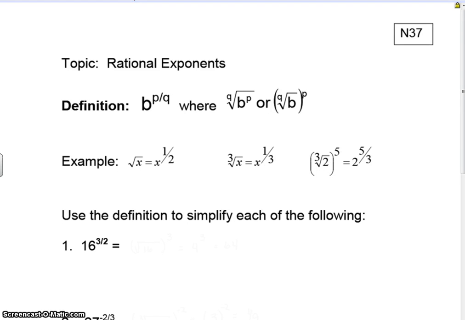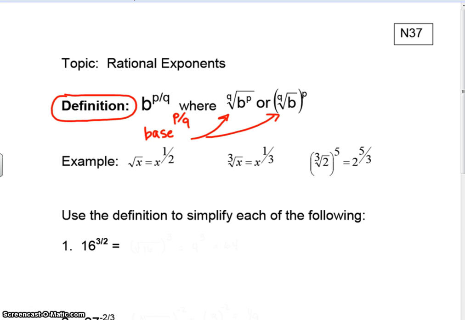These are the notes for topic N37, rational exponents. Let's review the definition right quick. Okay, B for base, the base that has a rational or a fraction for an exponent can be rewritten like this or like this.